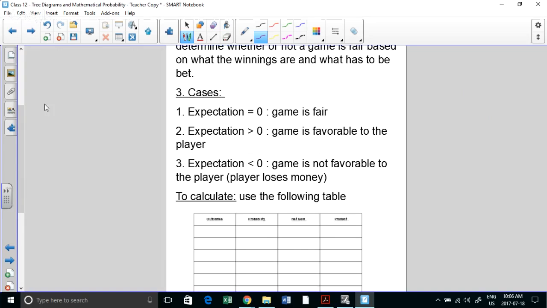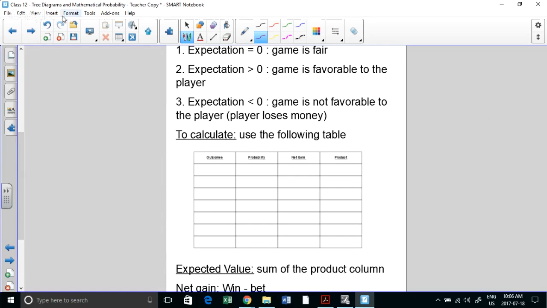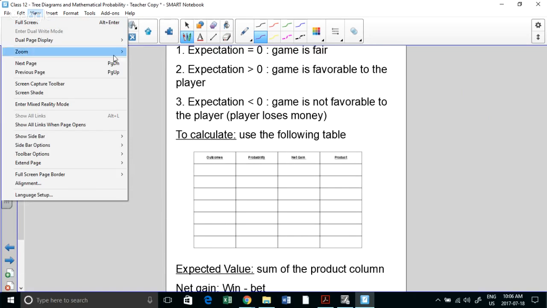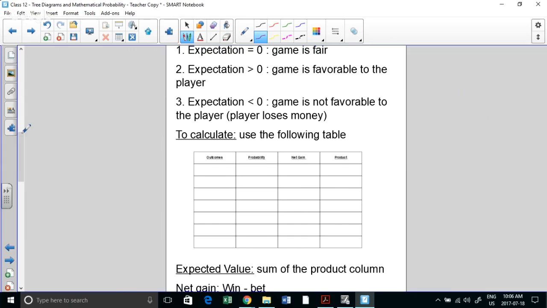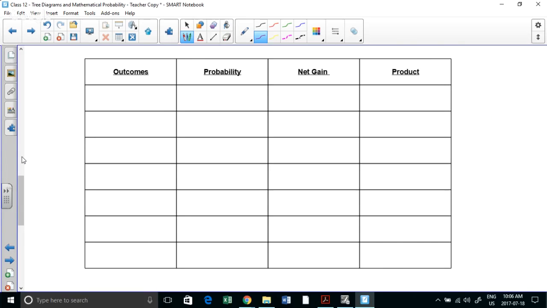So we are going to be calculating the mathematical expectation of different games. To do this, we are going to be making a table every single time. For all the examples that we're going to do, we'll probably get to 1 today, you're going to be constructing this table.